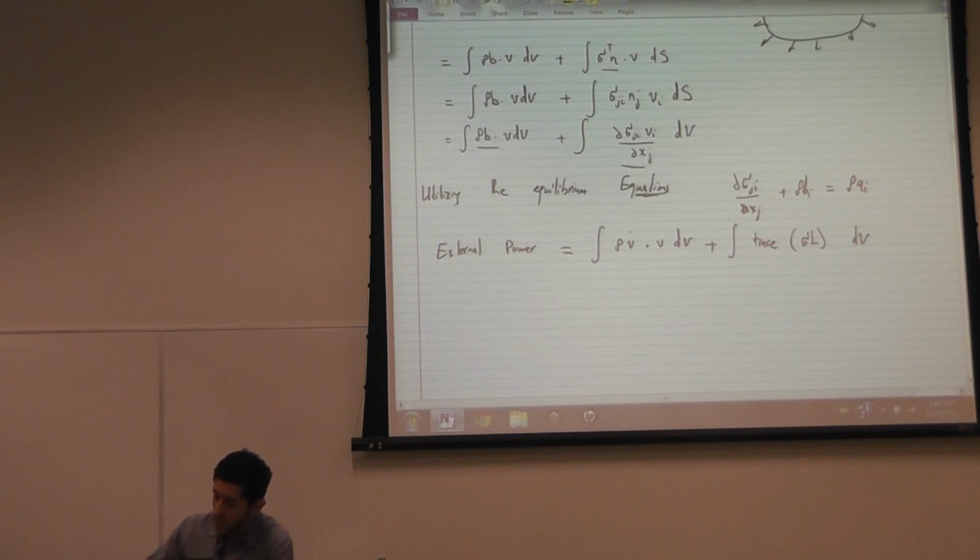The difference is I'm just looking at the whole object rather than just one cube, and because dV is arbitrary, and the kinetic energy dot is equal to rho V dot V, you get the internal energy dot is equal to trace sigma L, and everything else follows.